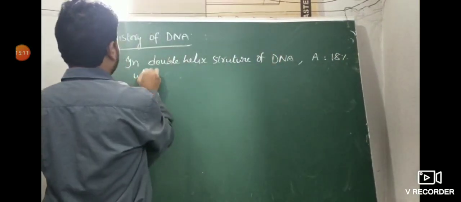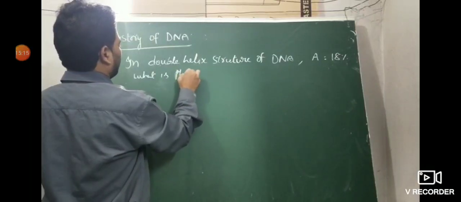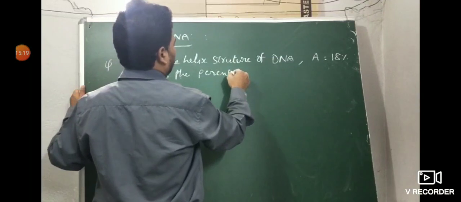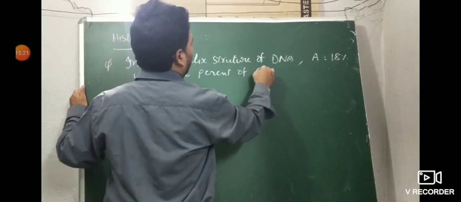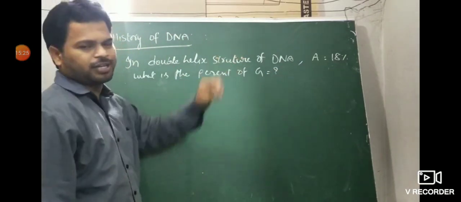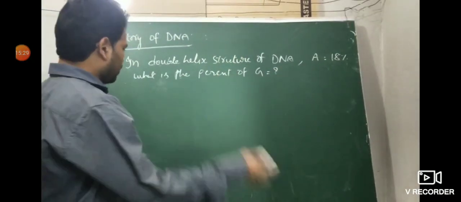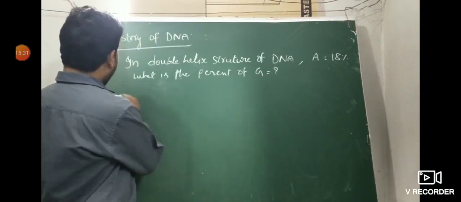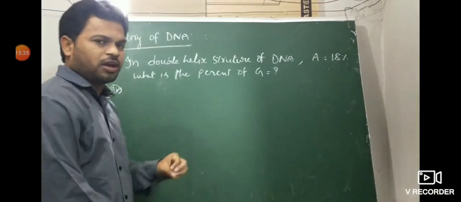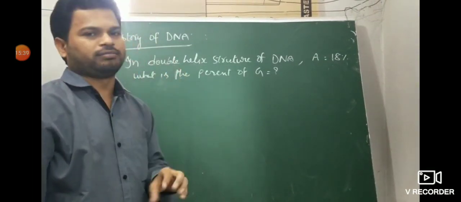Then what is the percentage of guanine? In the double helix structure of DNA, adenine is given, but we need to find the guanine percentage. How? According to Erwin Chargaff, A plus G by T plus C equals 1.